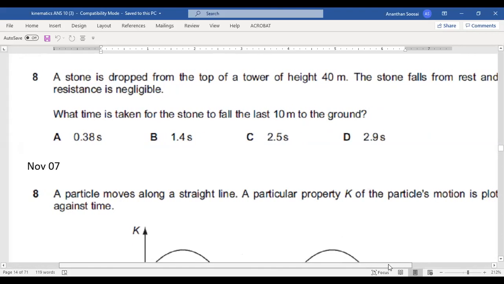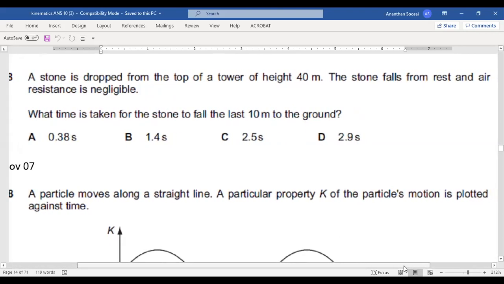When it's dropped from the top of a tower of 40 meter, the stone falls from rest and air resistance is neglected. What is the time taken for the stone to drop the last 10 meter?